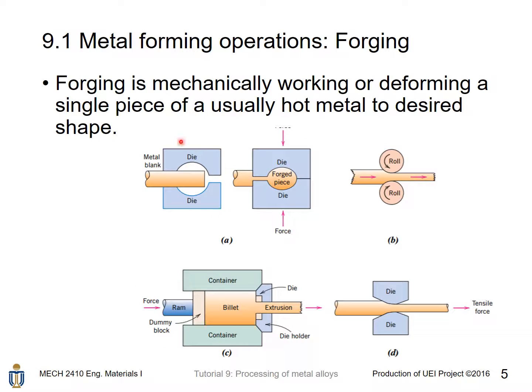It basically has a container or die, where the hot piece of metal will be forged by this piece of die here and here, and it will deform to the desired shape under such influences.